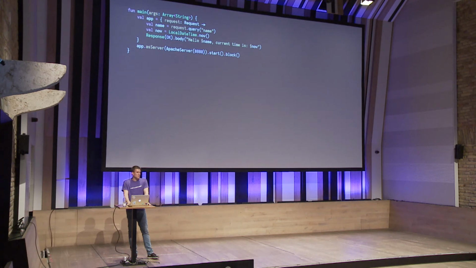This is my whole implementation, a single main function. And I have a function called app. It maps a request to a response. I'm extracting a query param called name and reply with a greeting and the local time. It's basically a time server.